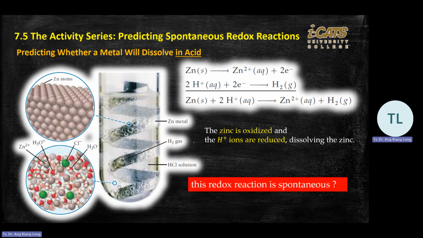But if you refer to the arrow, the voltage table, you know that H is 0 volt, and the zinc is below H, right? Zinc will give you minus 0.76 volt, so it means that zinc is more reactive than the hydrogen.